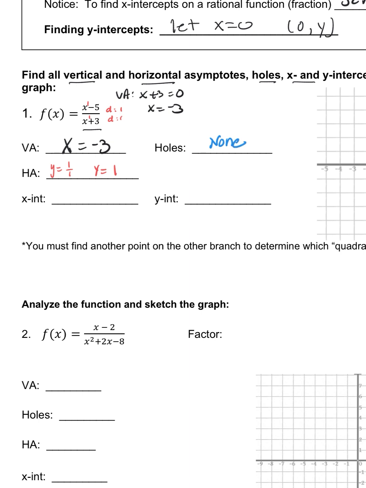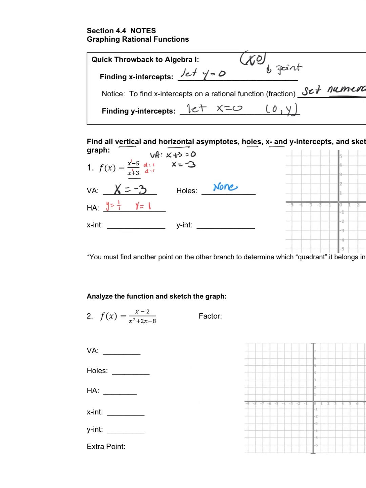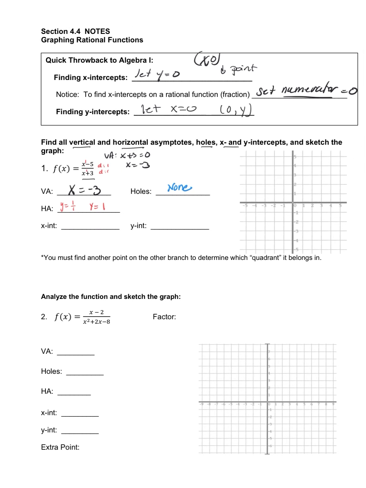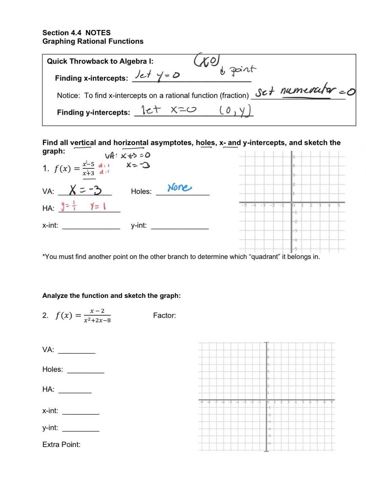The next thing we'll look at is the x-intercept. According to up here, we set the numerator equal to 0. My numerator is x minus 5, so x minus 5 equals 0, so x equals 5. But y is always 0 when you're dealing with an x-intercept, so the point is (5, 0).